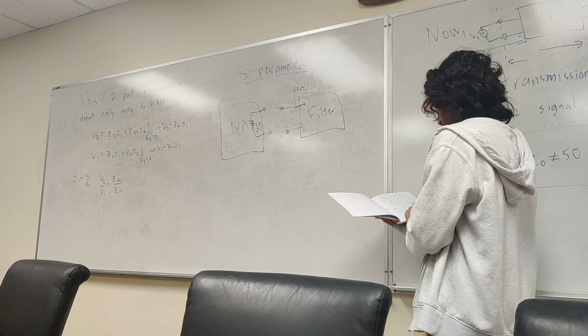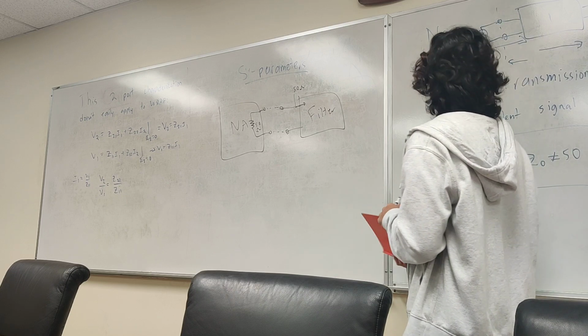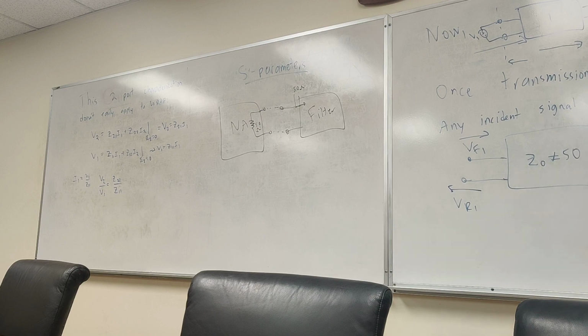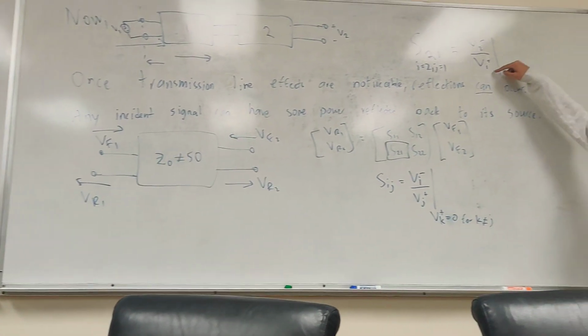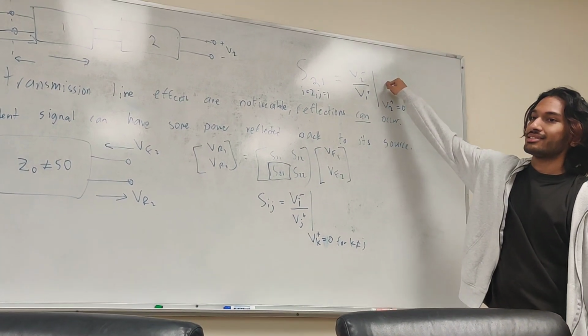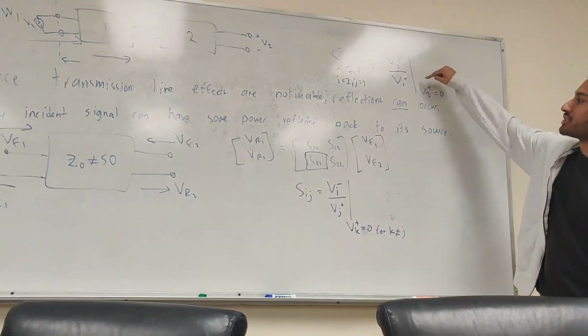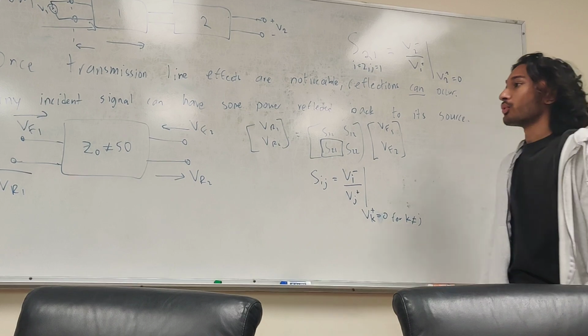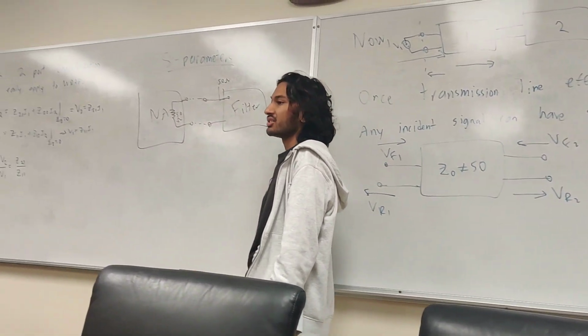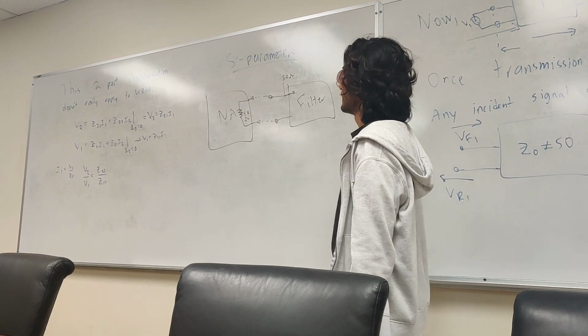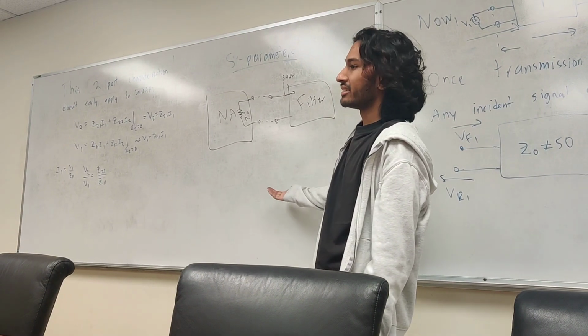And what we're going to do is, notice that we define S parameters as a ratio of voltages. Keep that in mind. Voltage ratios. When we use our network analyzer, and it spits out its S21 and S11, that's in terms of dB.